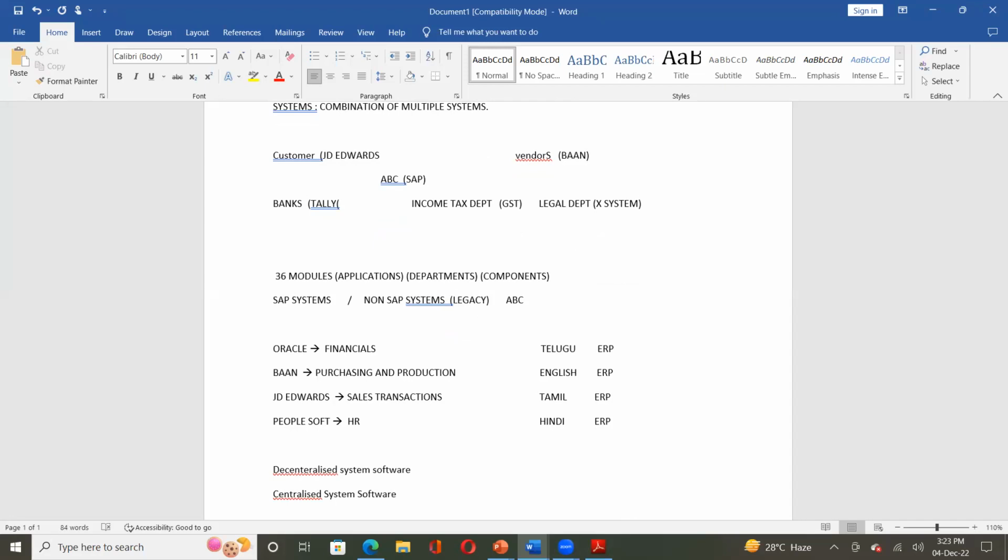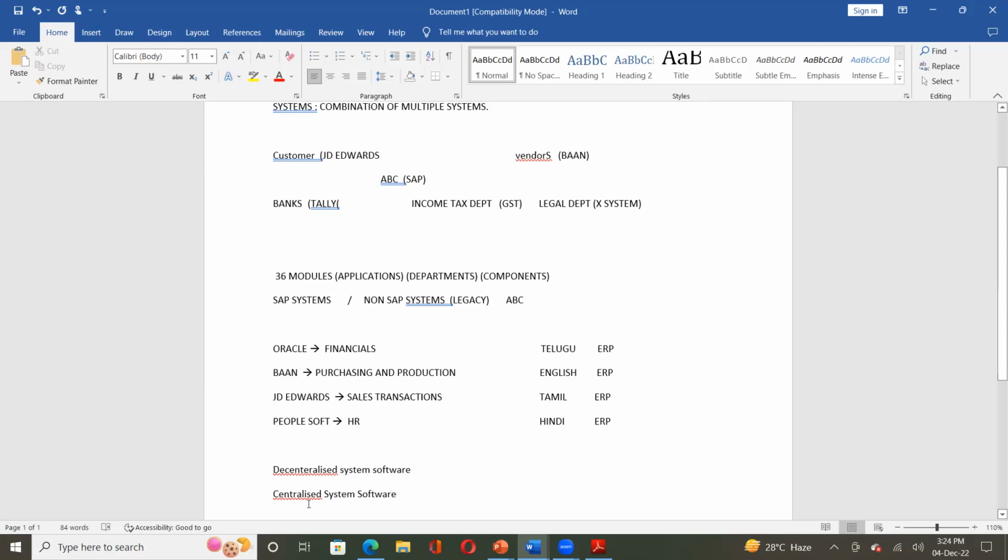If you ask someone how many types of software there are, people will take Java, C++, and all programming languages as software. No, the software is broadly classified into 2 different types: decentralized system software and centralized system software.